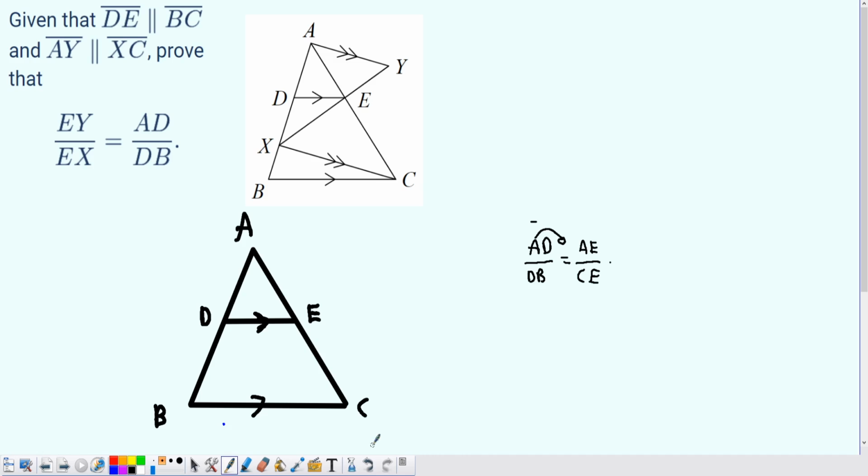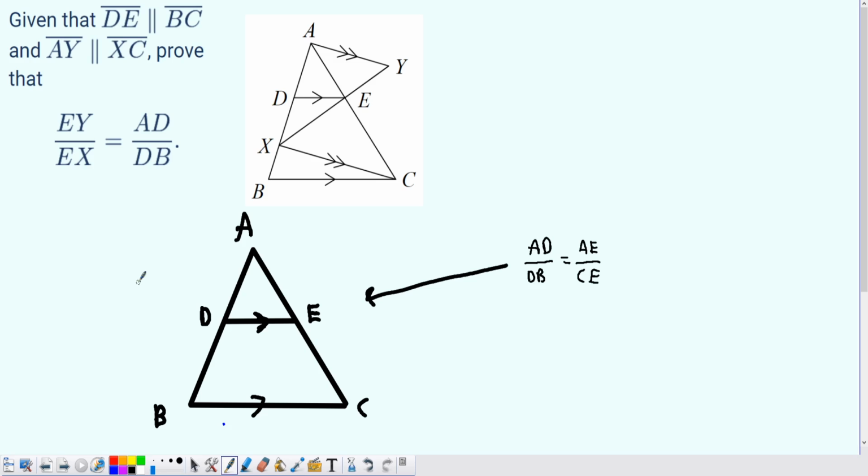Okay, so what? Now, if you forget, I know I just erased all the work, but you can just look at the previous video and you'll see how we got this result. And it's a very crucial result because what this is implying is that if you have a parallel line going through a triangle, a line that's parallel with one of the sides of the triangle, it splits it up into a nice proportion.